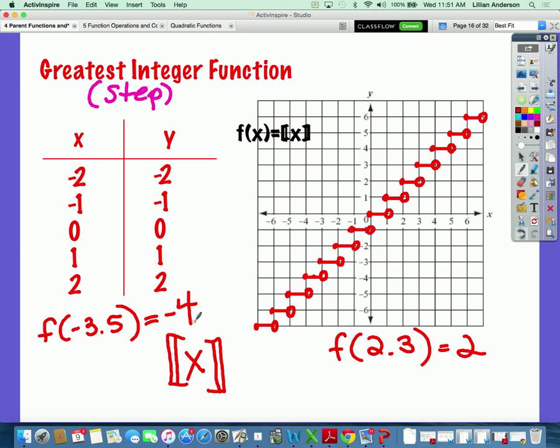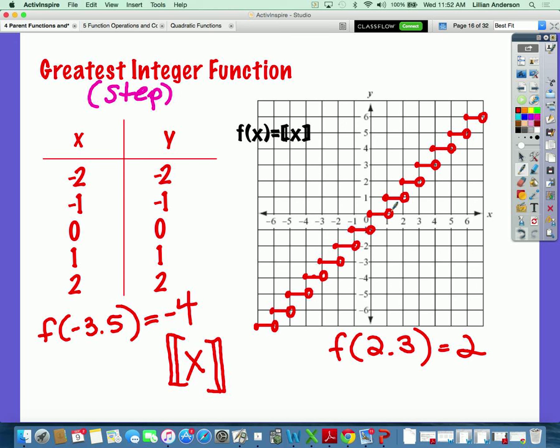Yes? How do you know it's those points? Well, your function equals x, except it's that integer function. So if x was 0, it's defined at 0, and then you go over to 1.